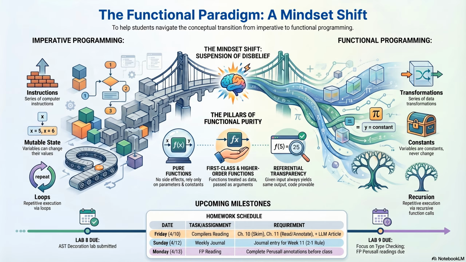Right. The strategy isn't to pretend side effects don't exist. It's to strictly contain them. You architect your application so that the vast majority of your logic, your calculations, data transformations, business rules, is pure, predictable, and mathematical. So you build this pristine core. Exactly, a pure core.